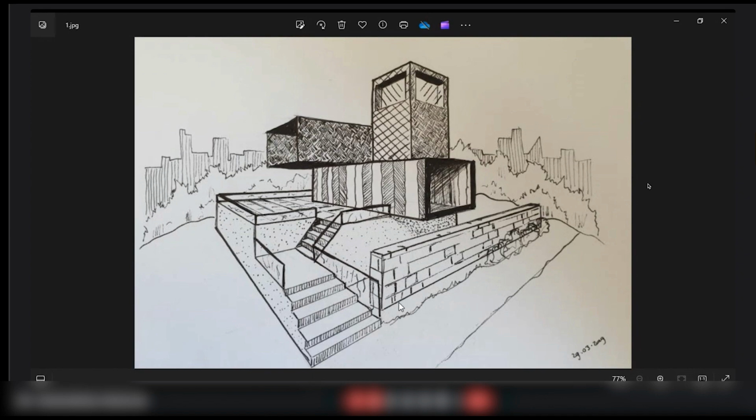The sketch you are seeing on the screen is basically a pencil sketch. No other tool is used for drafting this drawing, correct? These tools help you focus on maintaining consistent pressure and direction.